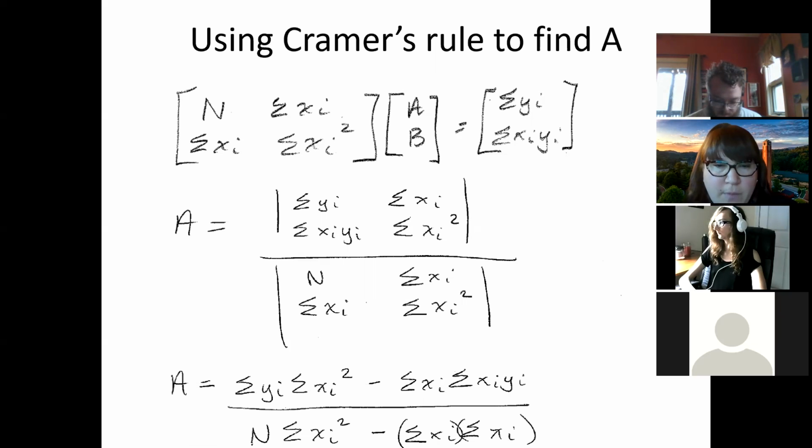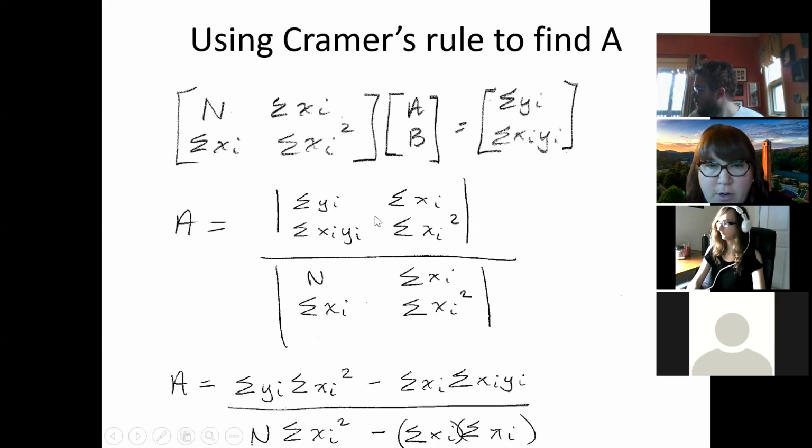So to find the determinant, you multiply these two quantities here, and then you subtract the product of those two quantities. So that's how we went from here to here.